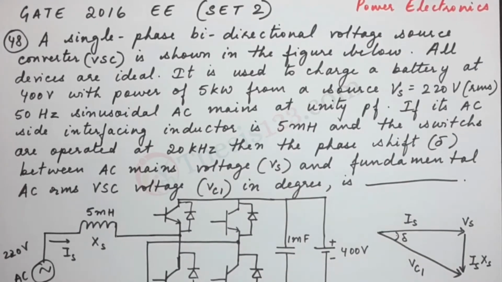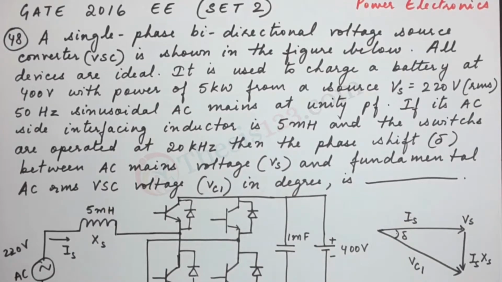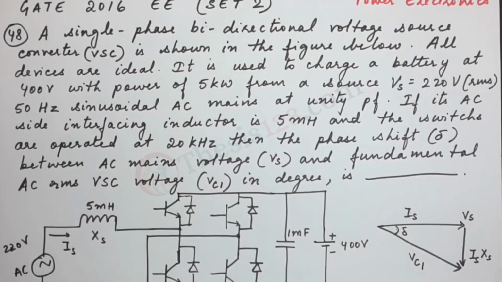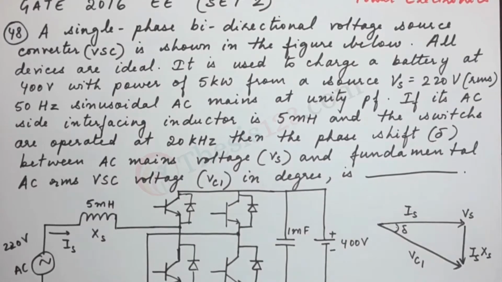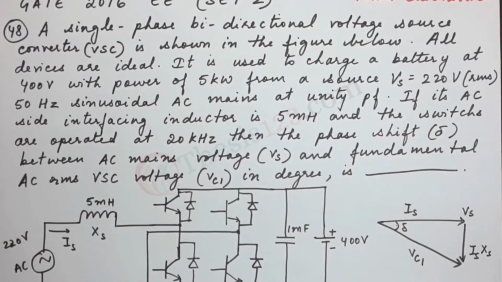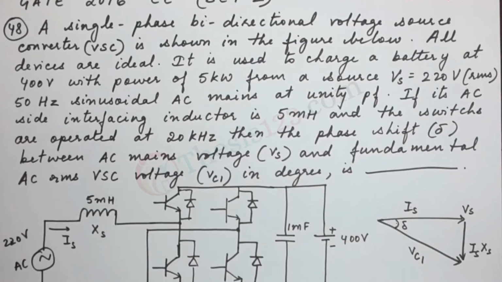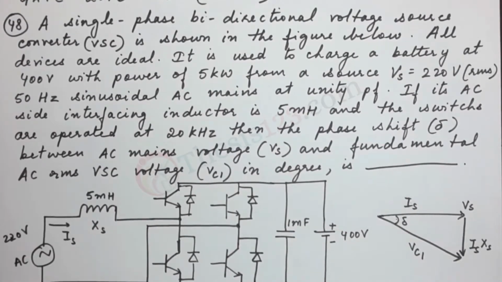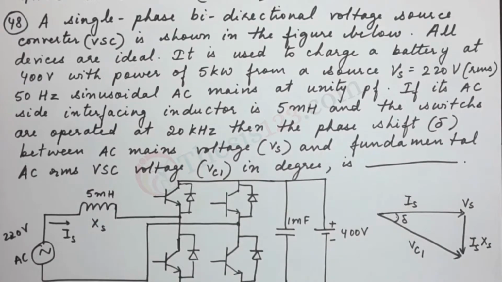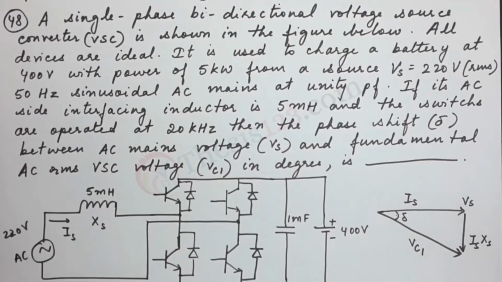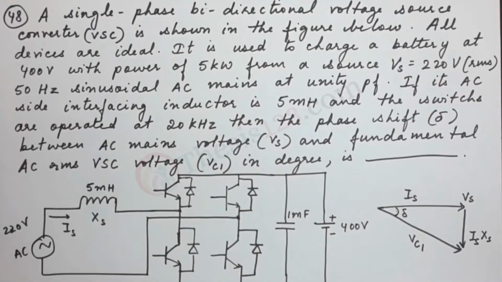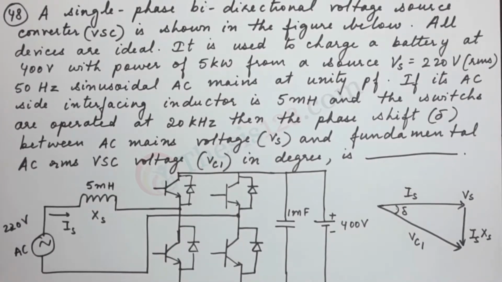Here's the next question, number 48. A single-phase bidirectional voltage source converter, VSC, is shown in the figure below. All devices are ideal. It is used to charge a battery at 400 volts with power of 5 kilowatts from a source, Vs, 220 V RMS, 50 Hz sinusoidal AC mains at unity power factor.